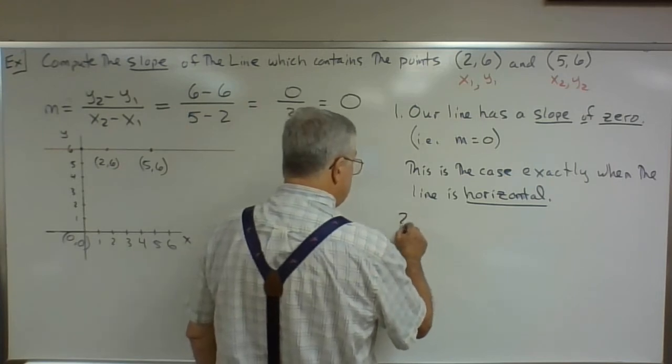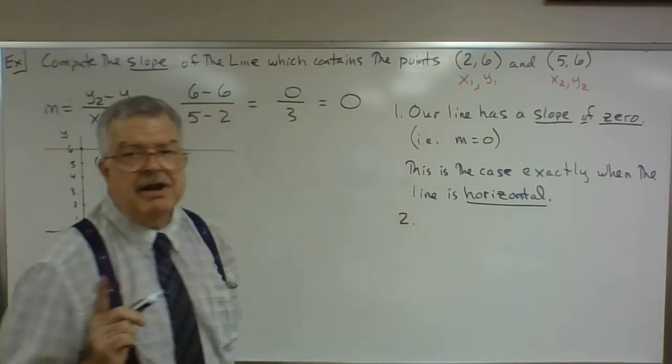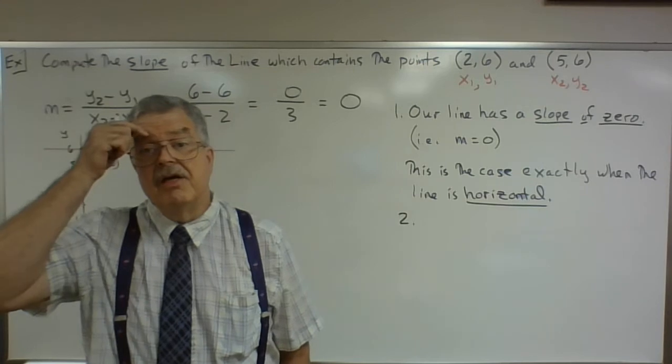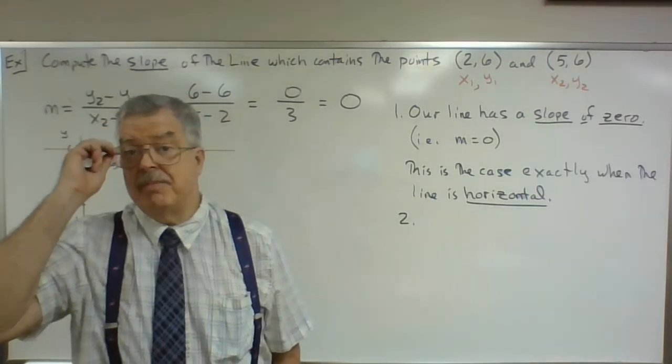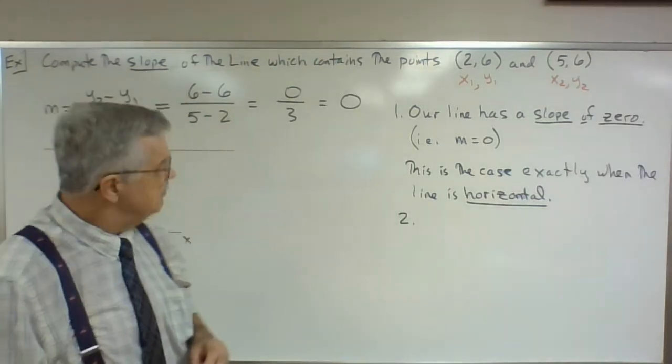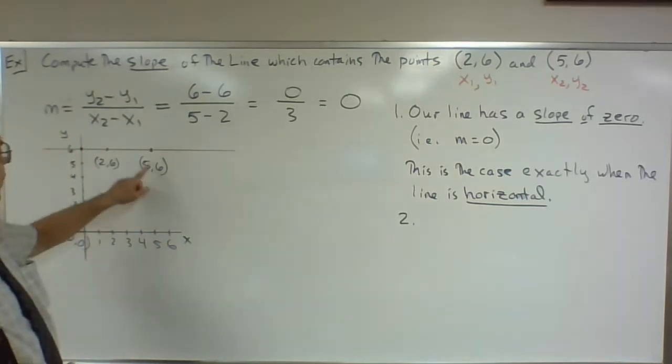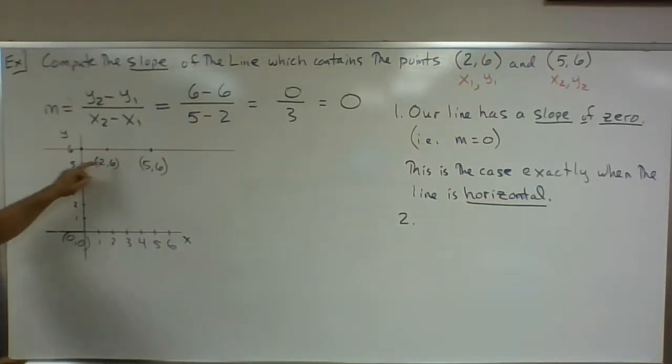What else do we notice? It appears that the y-coordinate of every point on the line is the same. Y-coordinate of 6, y-coordinate of 6, y-coordinate of 6.